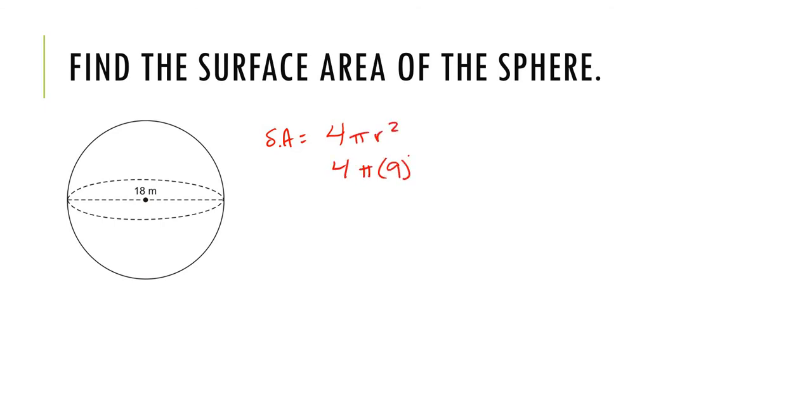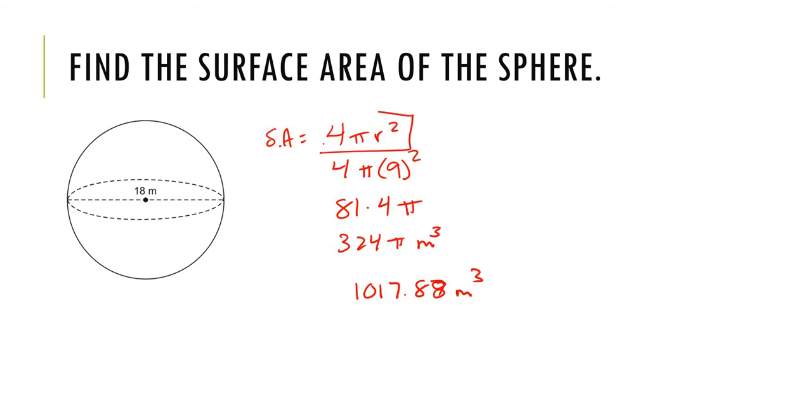So 4 pi times 9 squared, which is 81 times 4 pi, 324 pi meters squared. If you want to enter that into your calculator to get the decimal value, it would be 1017.88 meters squared. Okay? So pretty simple, 4 times pi r squared, surface area of a sphere.